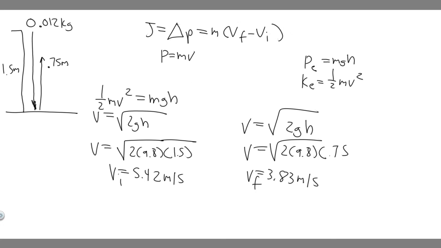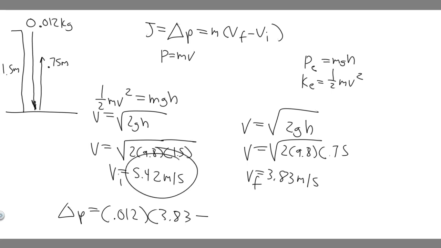So now we can just plug it in. Change in p is going to be equal to the mass, which we said was 0.012, multiplied by the final, which is 3.83, minus the initial.